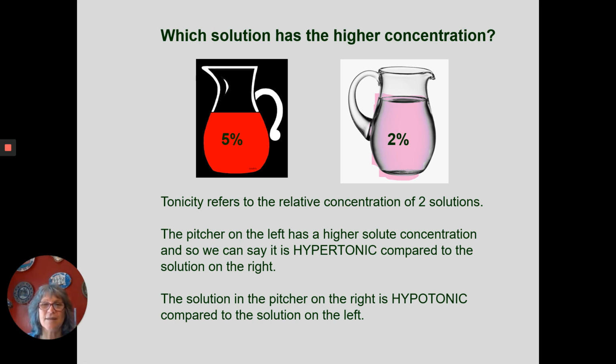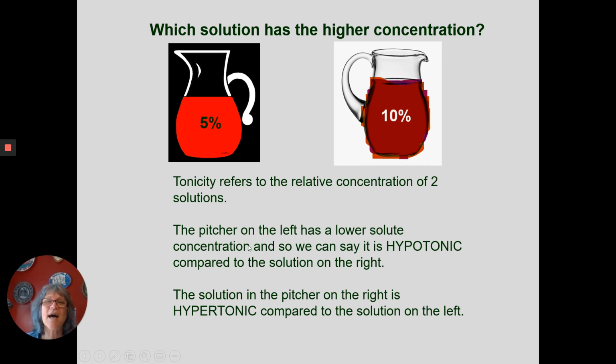So those tonicity terms, hypertonic and hypotonic, if I have two solutions, if one is higher, the other is lower. So relative terms mean I'm comparing. And if one is high, one is lower compared to the other. And so I can't just look at one solution because I don't know what I'm comparing to.